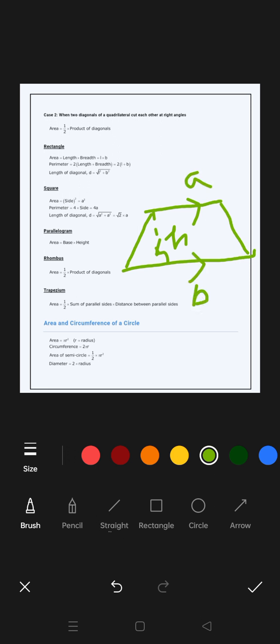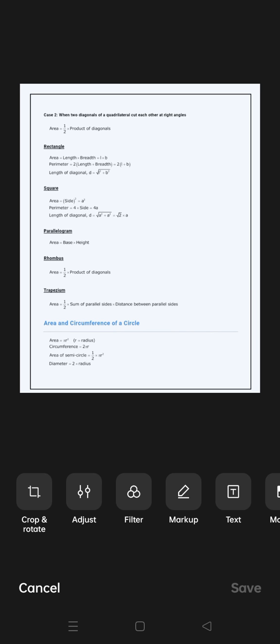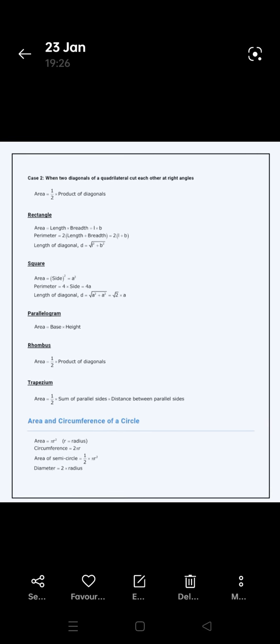These are the parallel sides, that's why it is known as a trapezium. So the area is 1 upon 2 times (a plus b) in brackets, multiplied by the height.